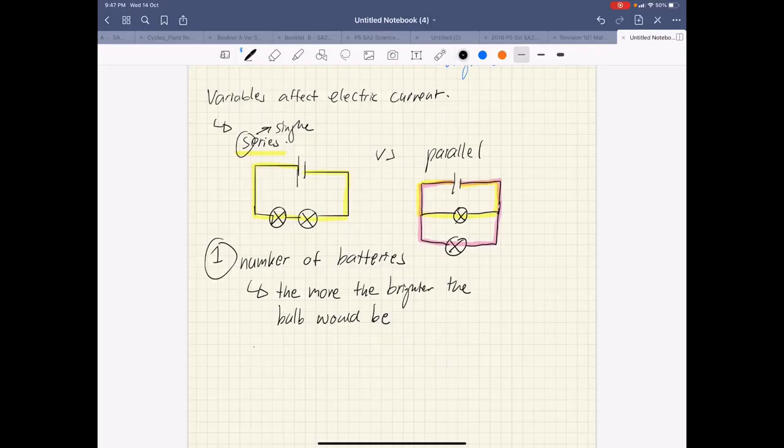The more batteries also means there is more electric current flowing through, which results in a brighter bulb. That's the first thing.